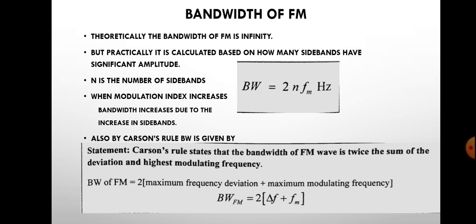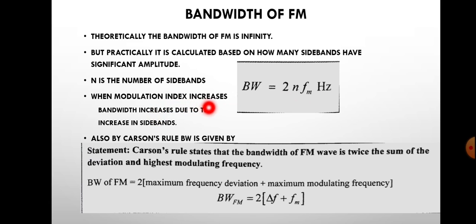If there are n sidebands having significant amplitude, then the bandwidth is given by the relation bandwidth equals 2 times n times fm. In amplitude modulation the bandwidth is 2 fm, but here there are infinite sidebands. So theoretically it has infinite bandwidth, but practically, based on the number of significant sidebands, its bandwidth is 2n times fm, where n is the number of sidebands.